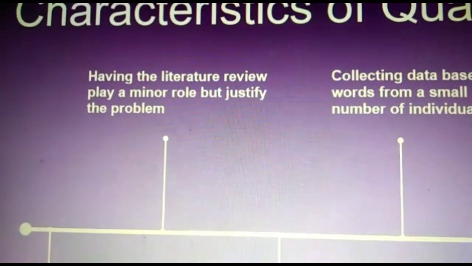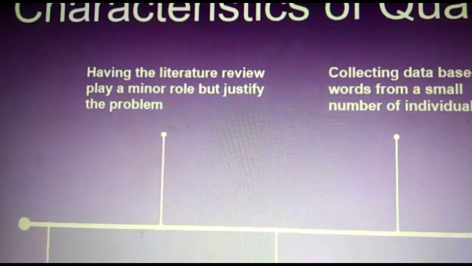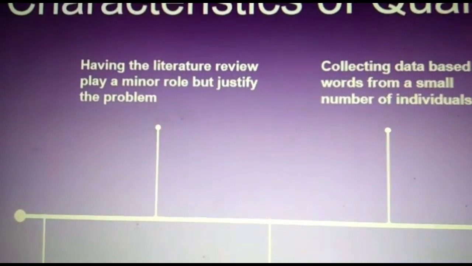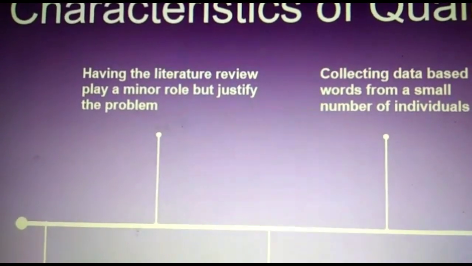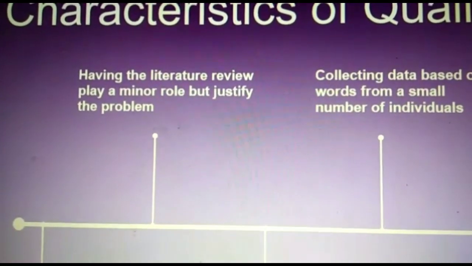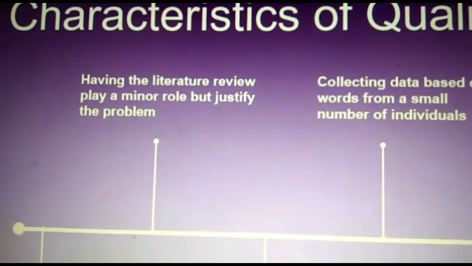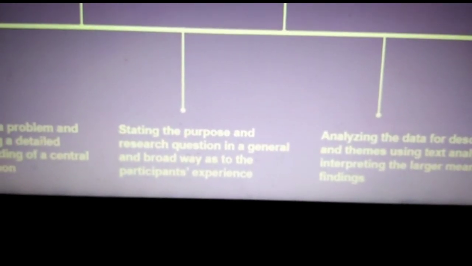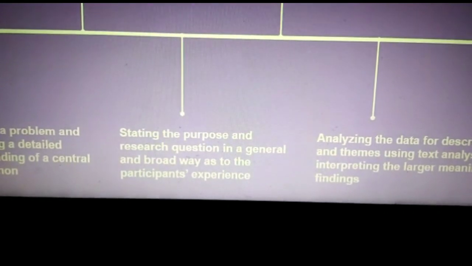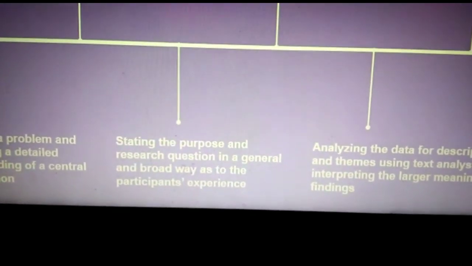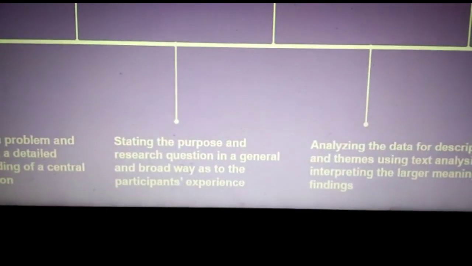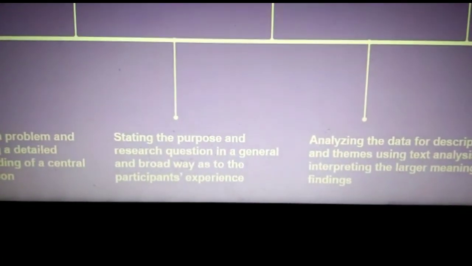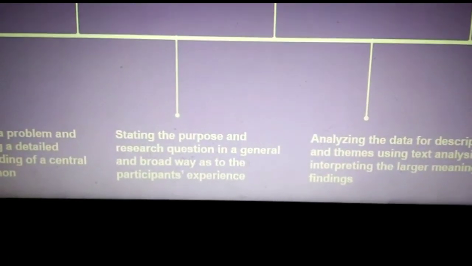I think in this characteristic, it is like when the researcher adds some information to support their problem in the research. Next, stating the purpose and research question in a general and broad way as to the participants' experience. Here, the researcher will state the purpose and research question in a general way.